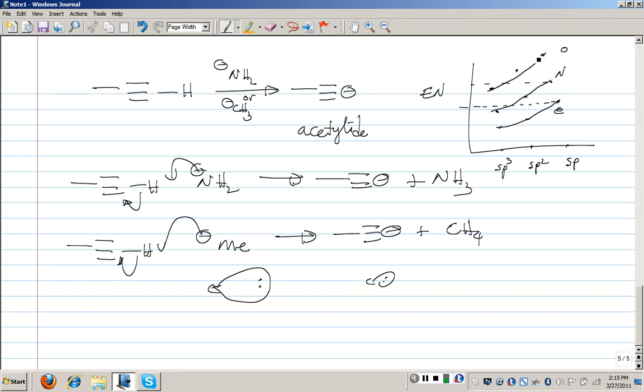So when the atoms are next to each other in the periodic table, the sp hybridized version of the atom to the left is more electronegative than the sp3 hybridized version of the atom to its immediate right. Anyway, so this reaction goes as well.